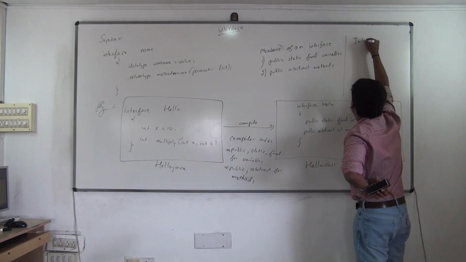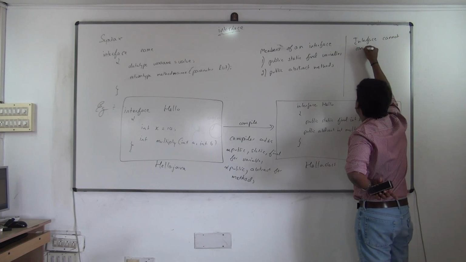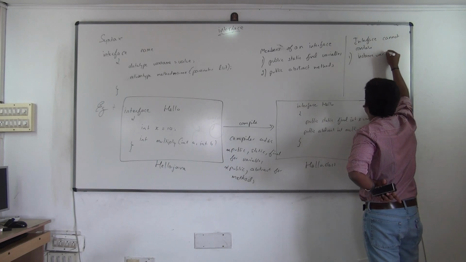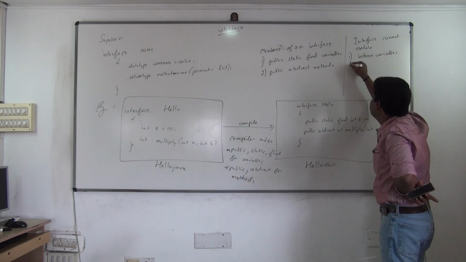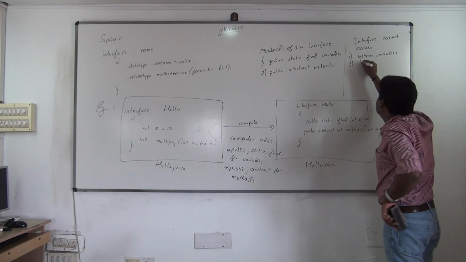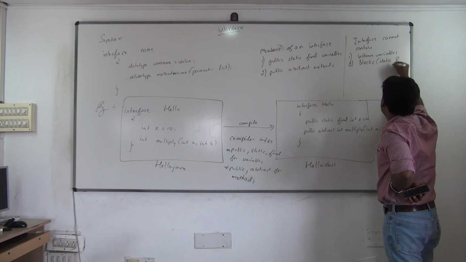Now, what can an interface not contain? First one, instance variables. Second, blocks, both static and instance.